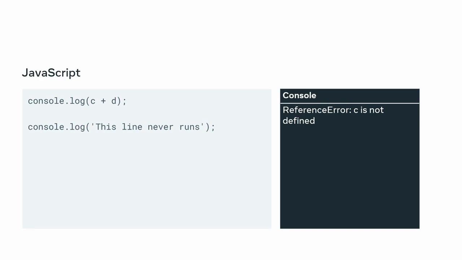Where would JavaScript find the values of the variables C and D? Well, it wouldn't, because in the sample code these variables don't exist. They have neither been declared nor assigned. It would look for the variables of C and D. Since they don't exist, JavaScript outputs a reference error. This type of error occurs when a value is not defined, but you attempt to use it in your code.